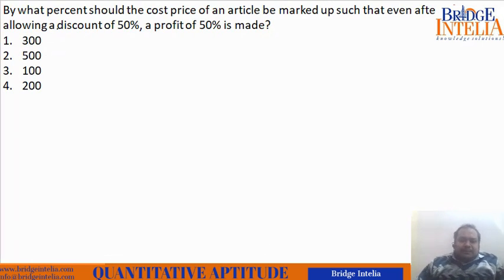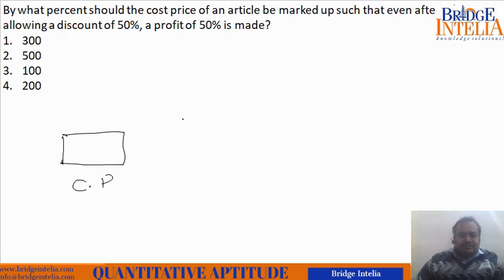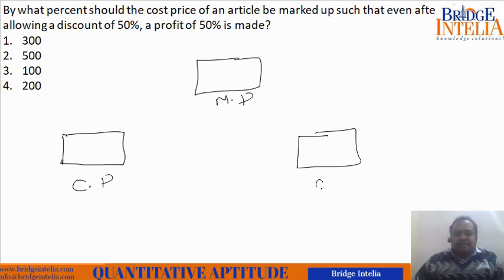By what percent should the cost price of an article be marked up such that even after allowing a discount of 50%, a profit of 50% is made? Very good. So cost price, marked price, and selling price.